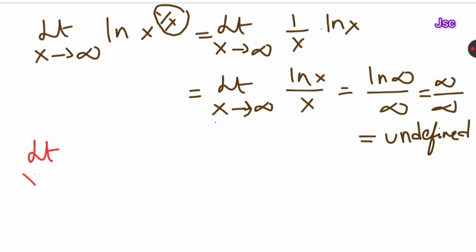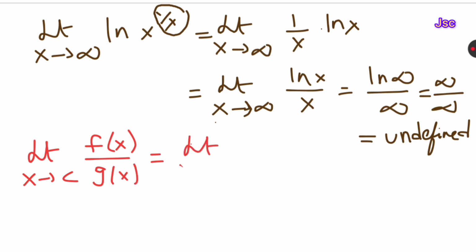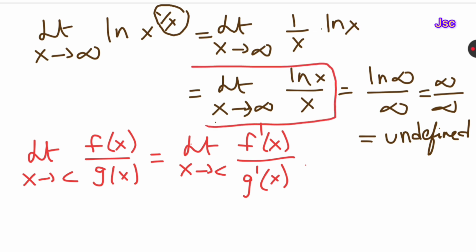Limit x tends to some constant, if we have f of x over g of x, then we can write it as limit x tends to this constant, derivative of f of x over derivative of g of x. So now apply this L'Hospital's rule in our function. What we have, limit x tends to infinity, ln x over x.